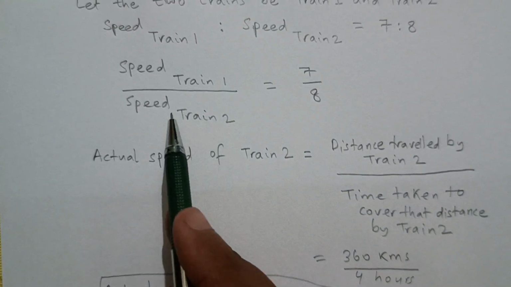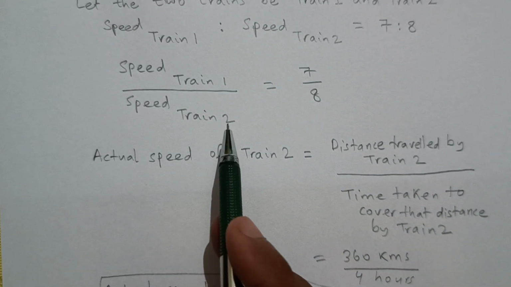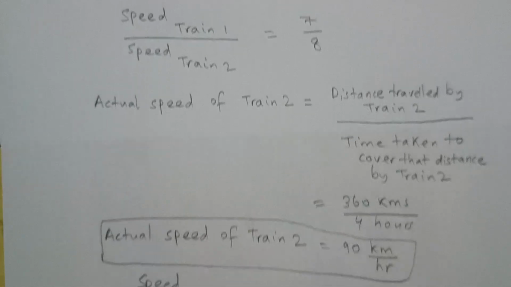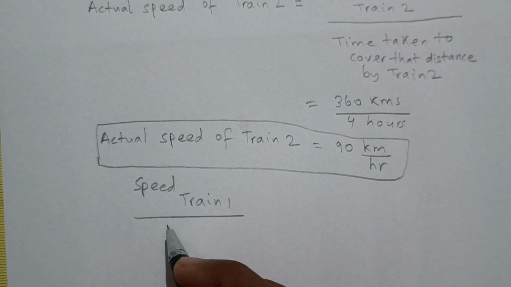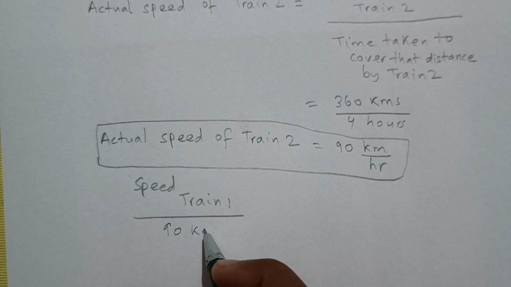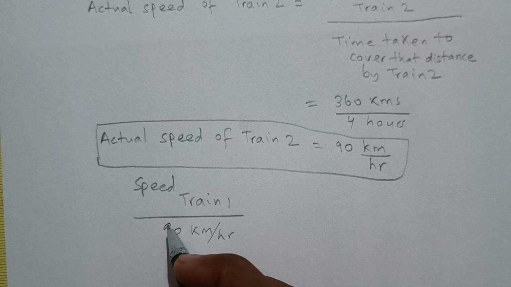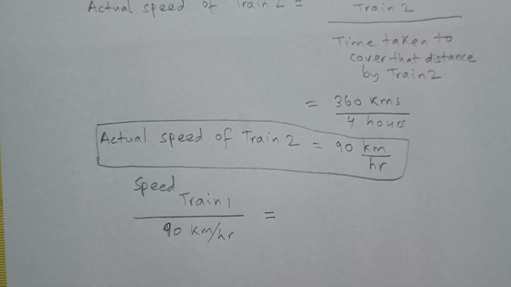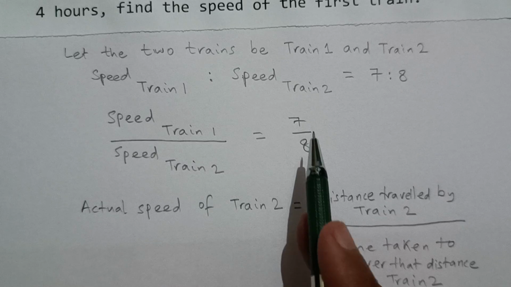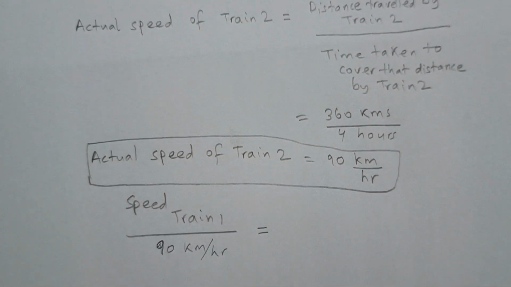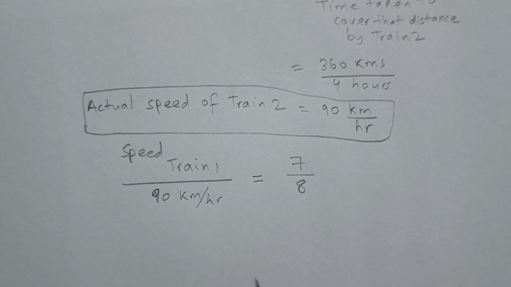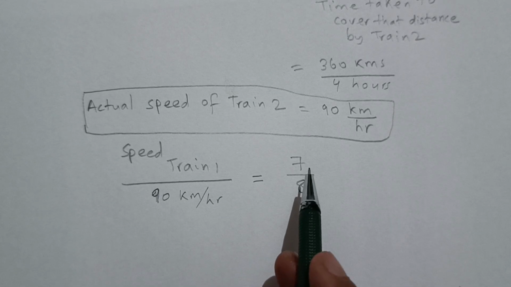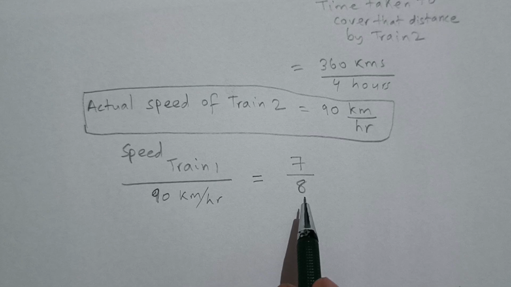So here I will write 90 kilometers per hour, because that is the speed of train 2, is equal to 7/8. So speed of train 1 upon 90 kilometers per hour is equal to 7/8.